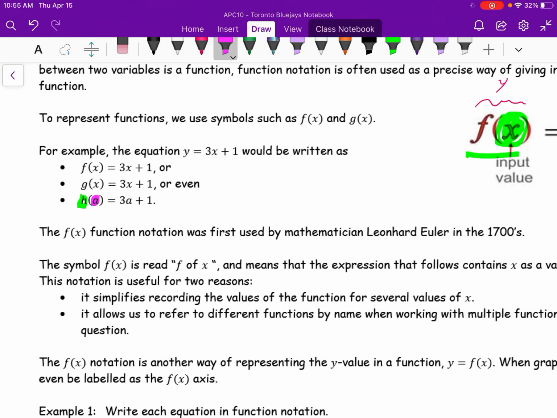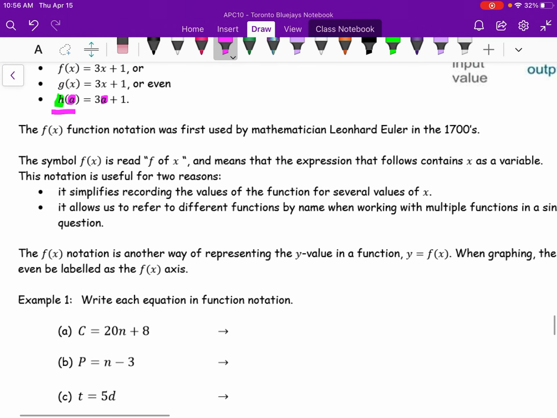A might be for some other variable, maybe apples. Maybe, just maybe, I have thought of some crazy formula that determines the height of people given the number of apples they eat. Now, this is absolutely ridiculous, I understand, but when I see h of a, I know that on the right-hand side, I have a rule that has a as an input.